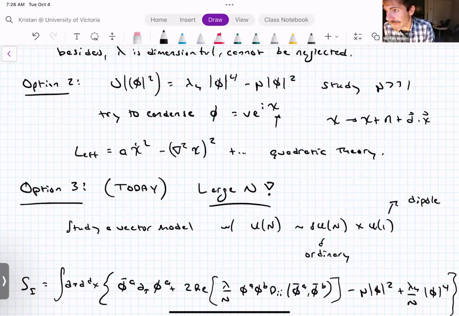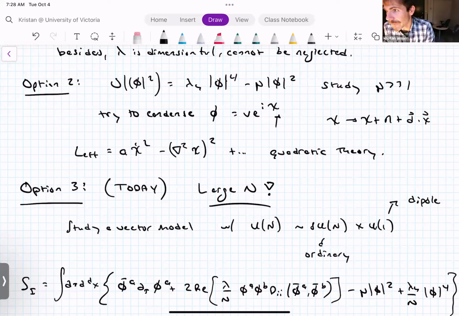What we want is for the action to be of order n. That's the usual thing. If you were in a gauge theory, you would want it to be of order n squared. Here we don't have the gauge degrees of freedom. We have n flavor degrees of freedom. So we want the action to scale as large n. Well, there's a single sum over n, so the one-time derivative term is order n.